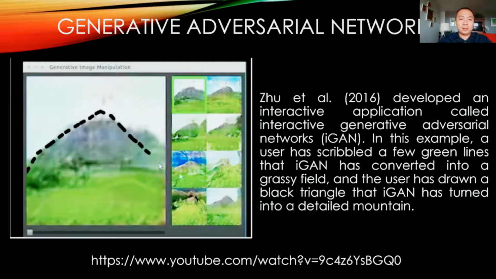So a black triangle suddenly turns into a mountain based on a simple generative adversarial network. And this can be applied in so many aspects, especially if you are an artist. From a simple image, you can already create a much more detailed version of the image that you are trying to portray or create.